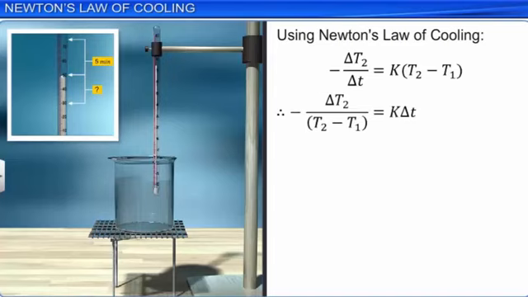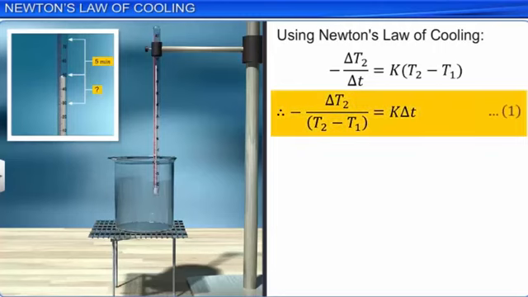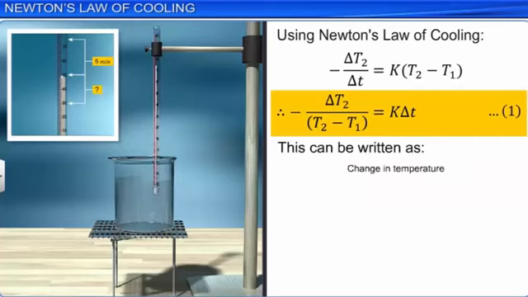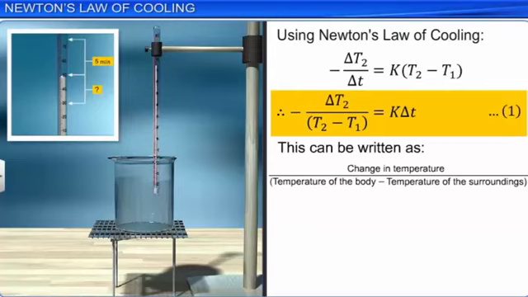Therefore, minus delta T2 by T2 minus T1 is equal to K into delta T. Let this be equation 1. This can be written as a change in the temperature by temperature of the body minus temperature of the surroundings is equal to K into time.